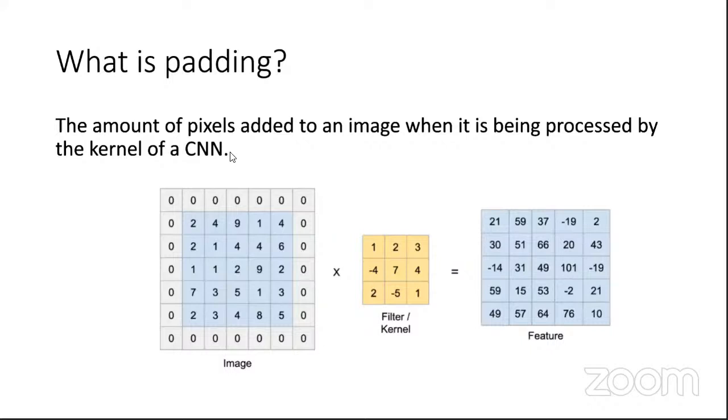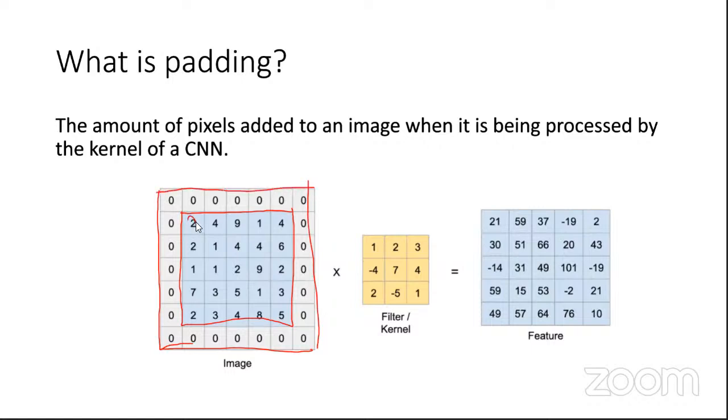Padding is nothing but, if you consider you have an image, this is the image you have. Before applying the filter, you add extra pixels around the image you have.